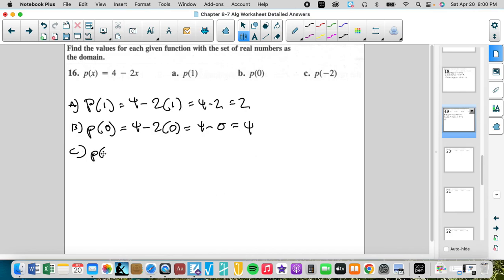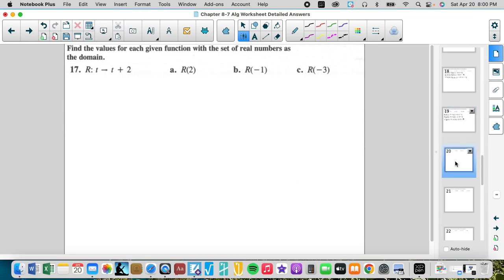C, P of negative 2 is equal to 4 minus 2 times negative 2 equals, we're going to do orders of operations. We don't do the 4 minus 2, we do the multiplication. So negative 2 times negative 2 is positive 4. 4 plus 4 is 8.